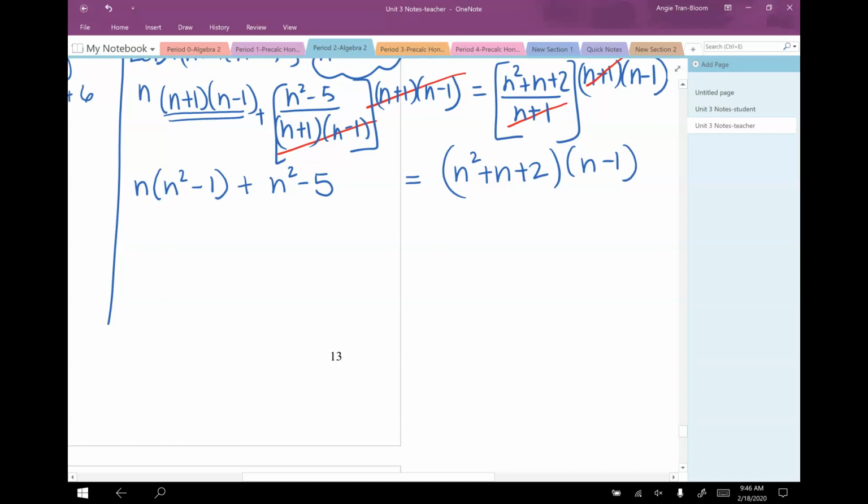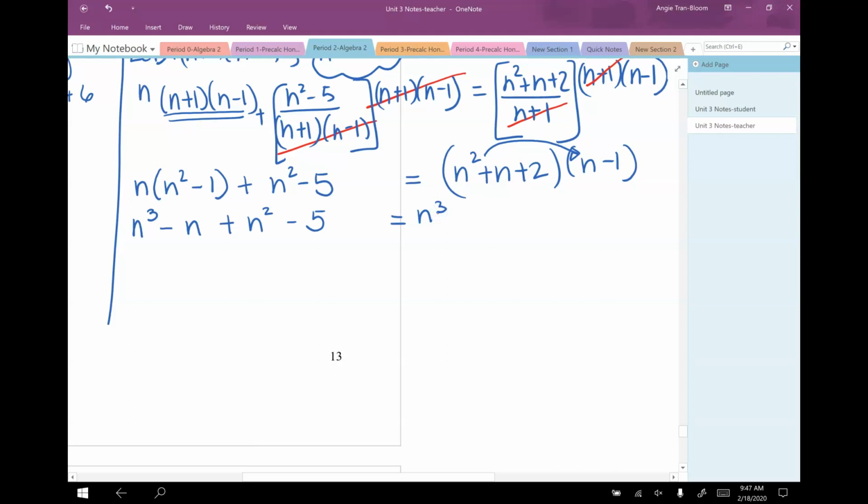Carefully distribute. All right, this is n cubed minus n. Drop this n squared down, minus 5. That's all we can do on that side. Equals, all right, slowly and carefully. N squared times n will give us what, Sophia C? Good. N squared, Mariana's not here.